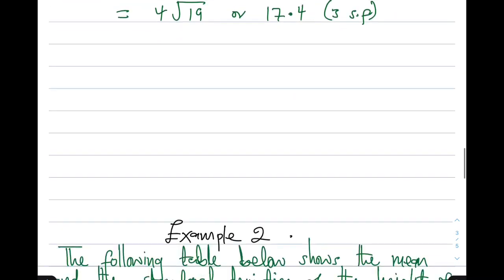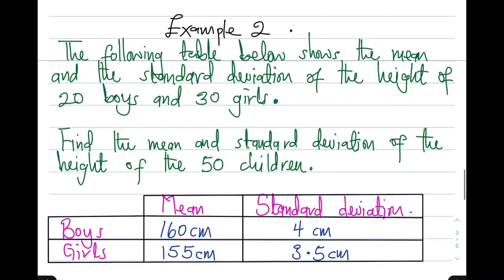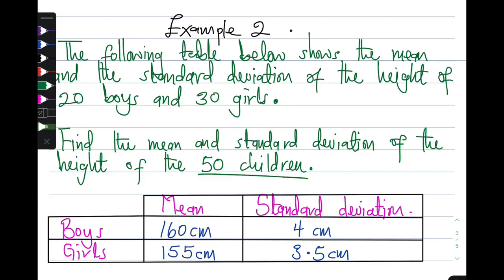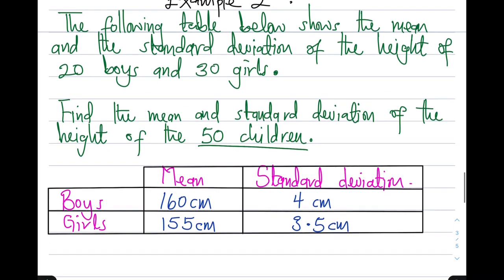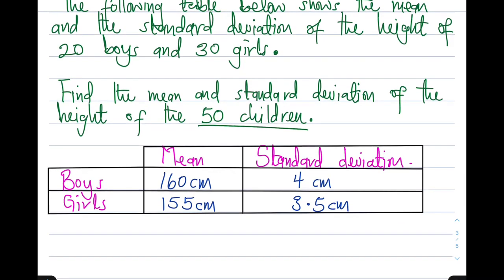Now there's a second question I want us to solve. It says that the table below shows the mean and the standard deviation of the height of 20 boys and 30 girls. Okay, we should find the mean and the standard deviation of the height of 50 children. That means that it is a combined observation that we are going to work with right now, not the individual. Okay, so let's do some definitions here.